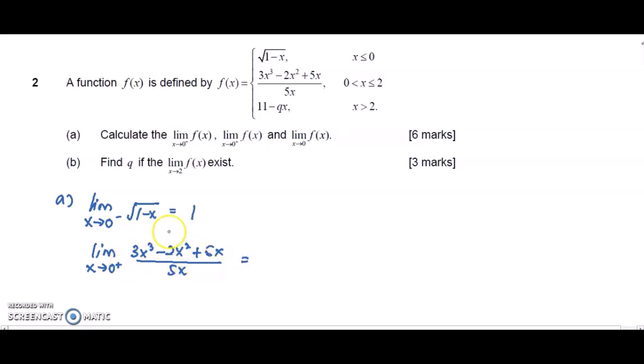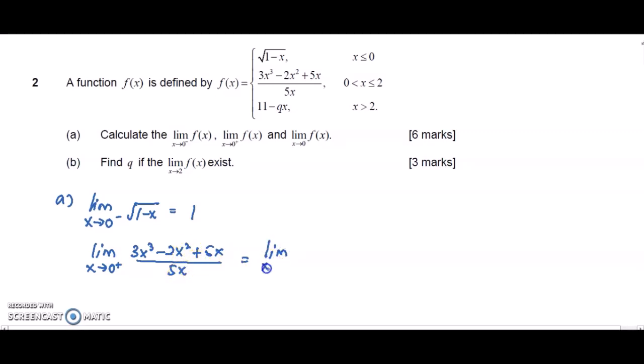To evaluate this limit, I will try to simplify, because when you put in the 0, you get 0 over 0. We always start with substitution, yes, but after substitution we got 0 over 0. Then we should proceed to the next step.